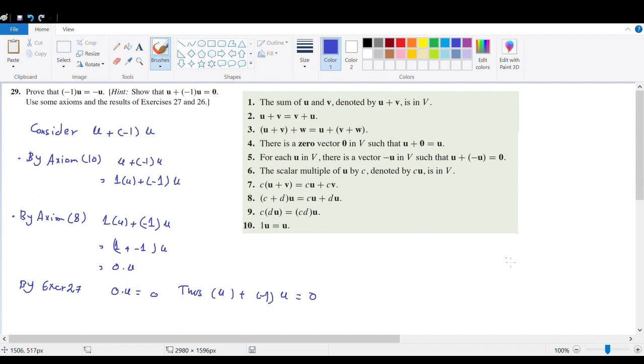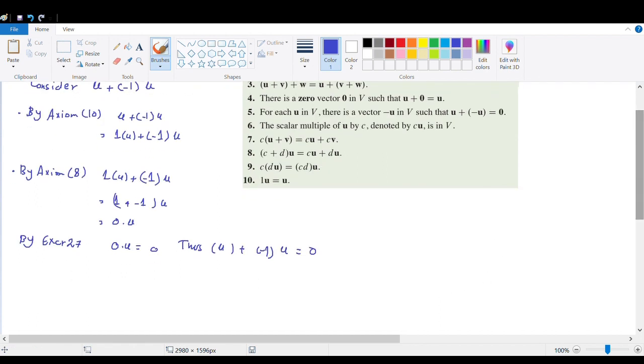And by exercise 26, minus 1 multiplied by u is equal to minus u, or we can use axiom number 10.